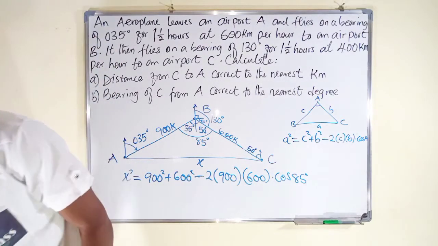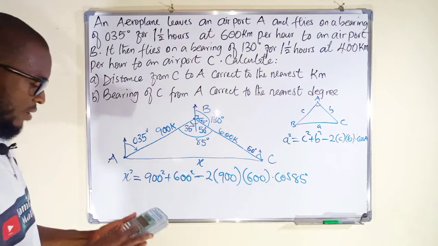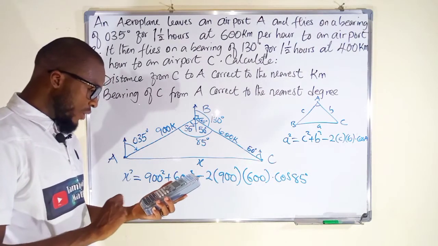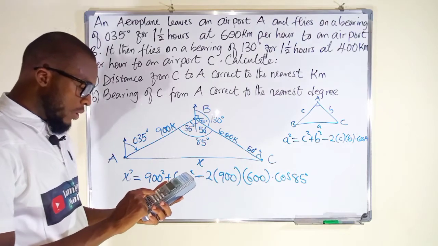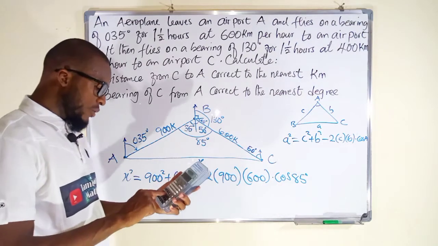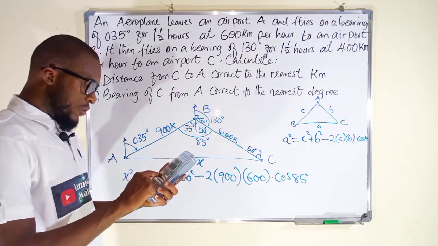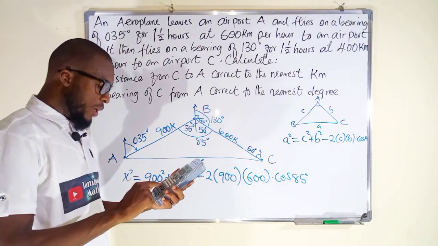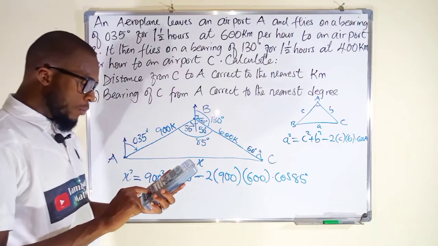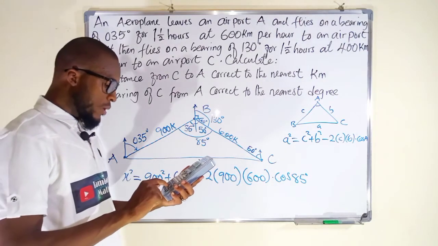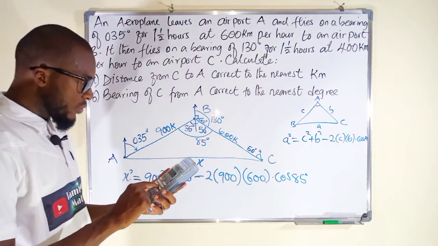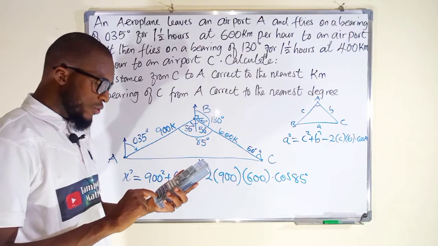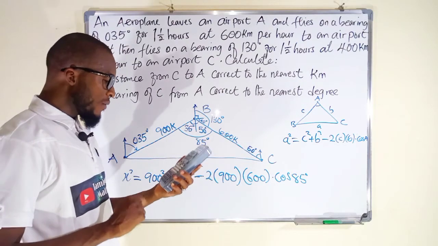I will use my calculator directly to find the answer. Let me start with this one. 900 squared plus 600 squared minus 2 multiplied by 900 multiplied by 600 multiplied by cos of 85 degrees, because I want to find the total solution there.